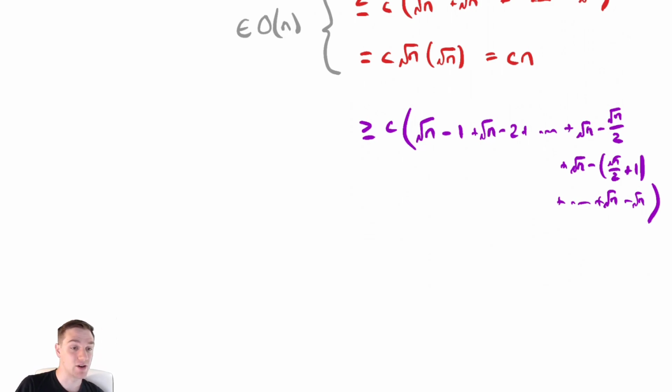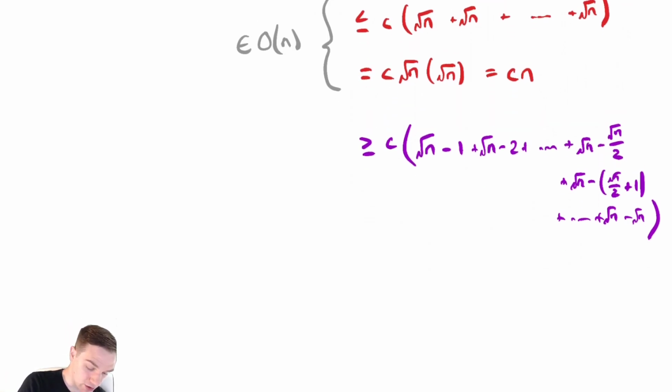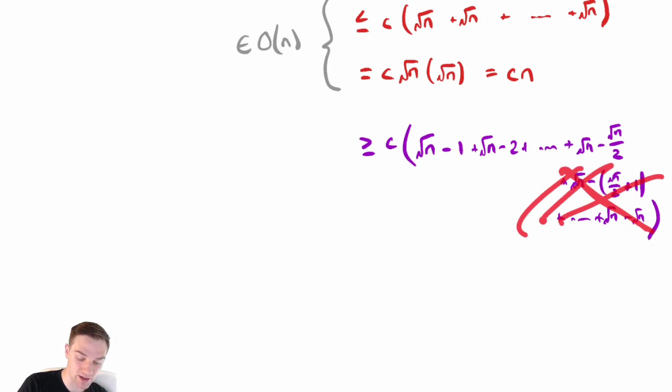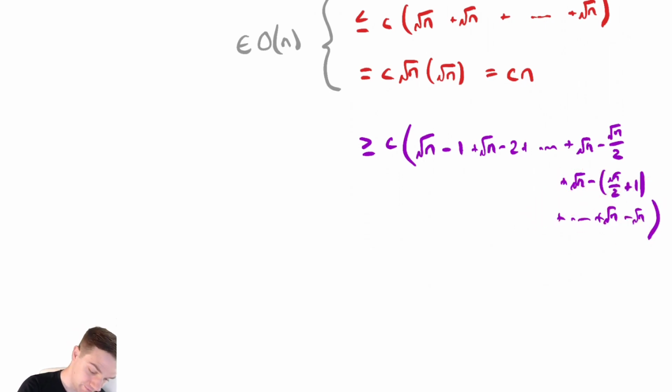In this case, our series is decreasing in our index, so the first term is the largest. And when bounding below, we want to keep the larger of the two halves. So we're going to get rid of all of this kind of messy stuff I wrote down here. All that's going away.